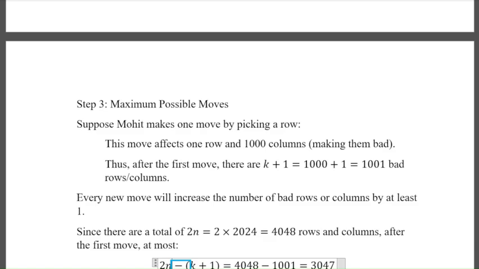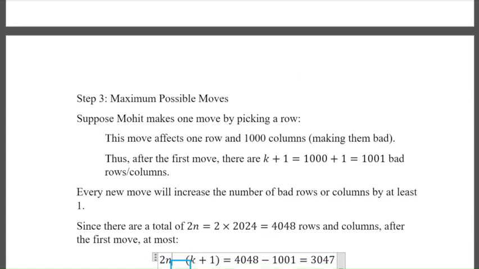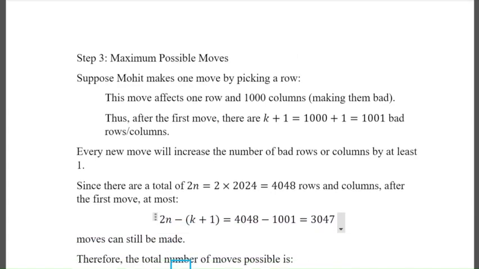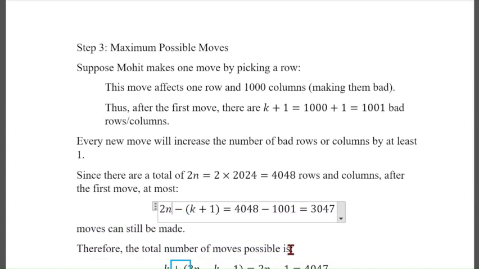Therefore, the total number of moves possible is 1 + (2n - 1001) = 2n - 1000 = 3048.